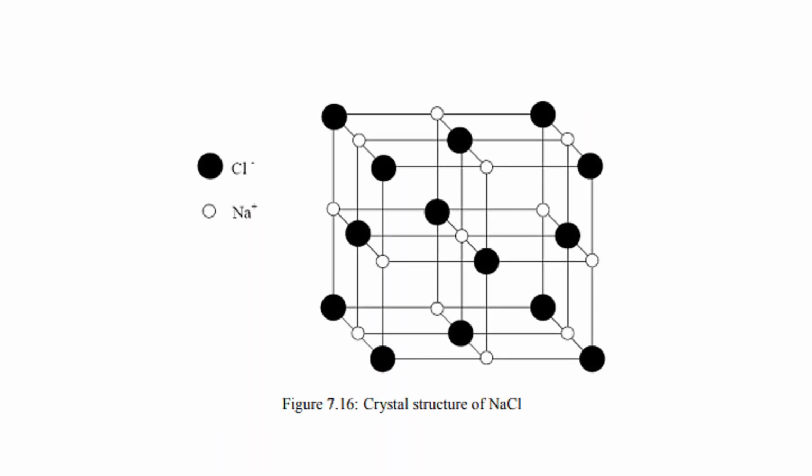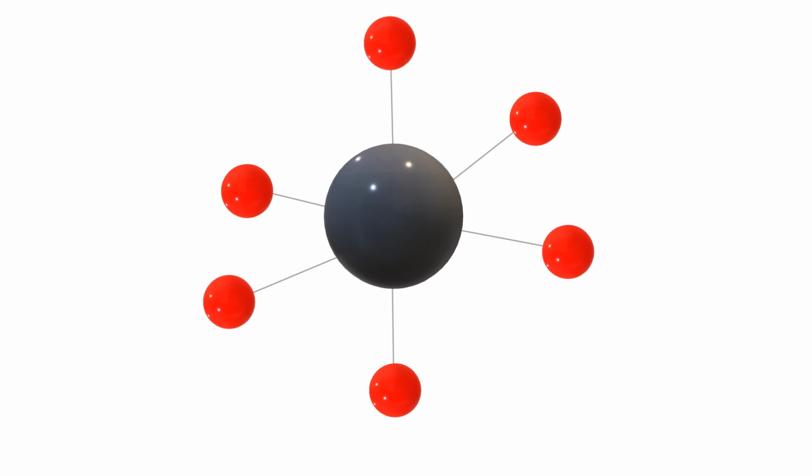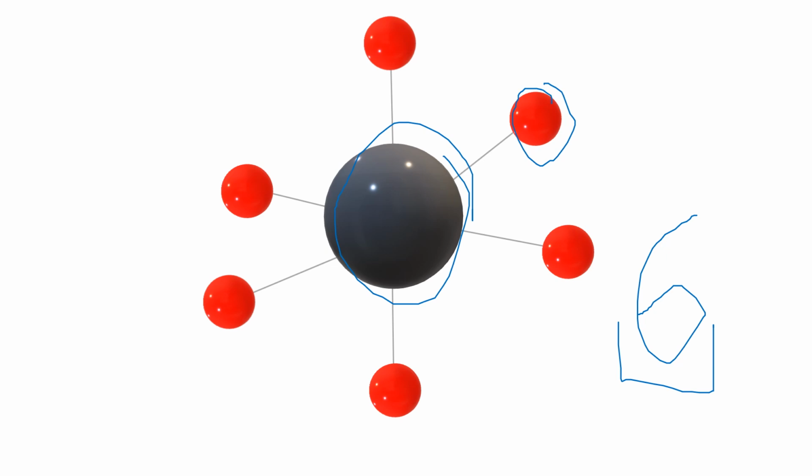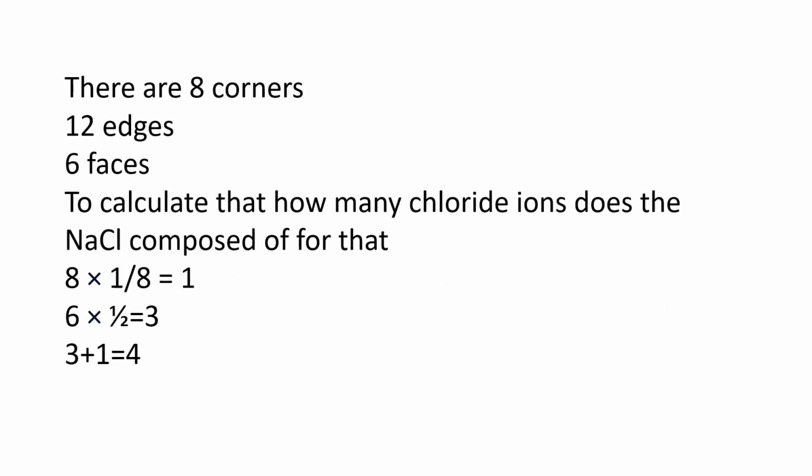If we look at the structure, a single Na is also connected with the same 6 Cl. What is this number 6? This number 6 is the coordination number. That means we have a coordination number of 6. Na is connected with 6 Cls, and Cl is connected with 6 Nas. That is the coordination number.